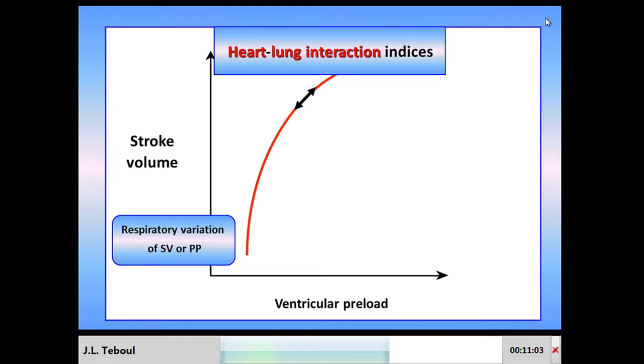Because pulse pressure, which is the difference between systolic and diastolic pressure, is dependent on stroke volume, but also related to arterial compliance. If we make the assumption that compliance of the arteries doesn't change over the respiratory cycle, we can assume that pulse pressure variation reflects stroke volume variation.